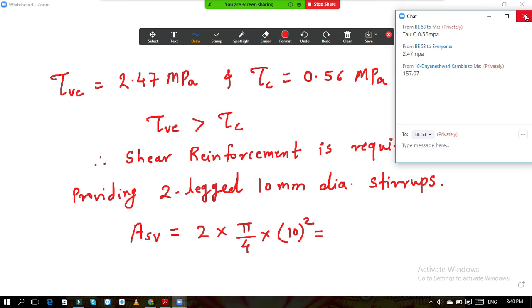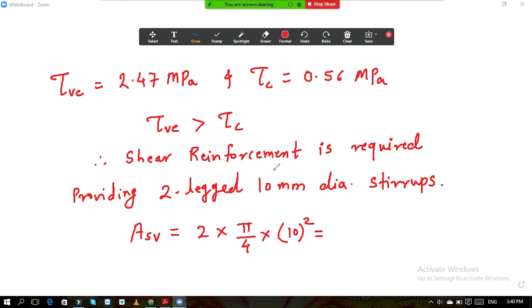One 157.07. Okay, so this value is 157.07 mm square. Now going further, we should go to the IS code, page number 75.